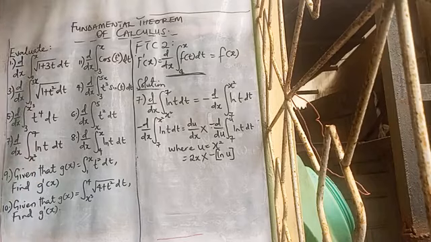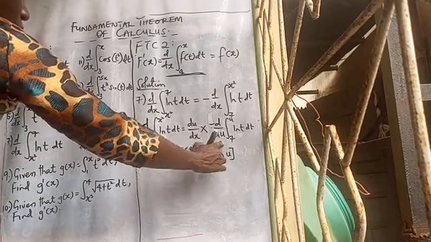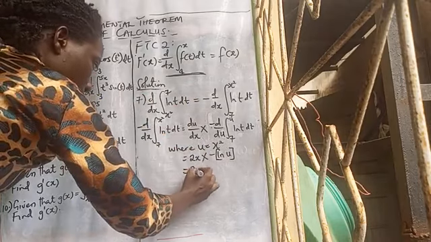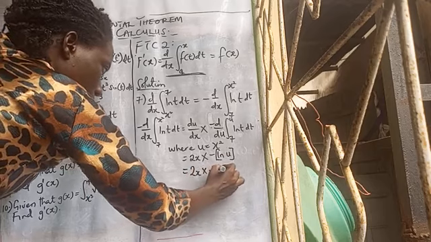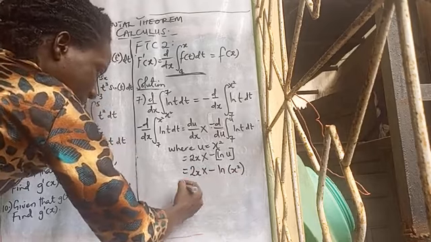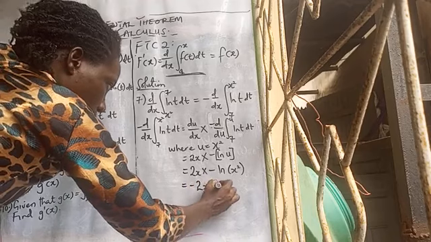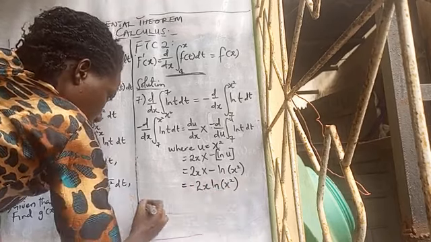Minus ln u. But our u is x squared. 2x times minus ln x squared. And I can rewrite that properly as minus 2x ln x squared.